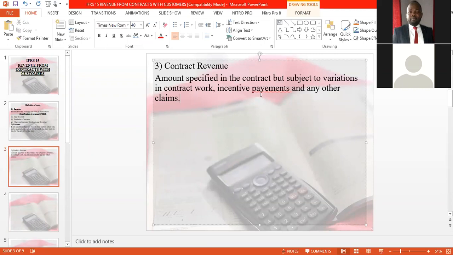What are incentive payments? Maybe you get into an agreement with the government, maybe it's your customer, your client. You get into an agreement that for me to construct this road, government will pay me 10 billion.